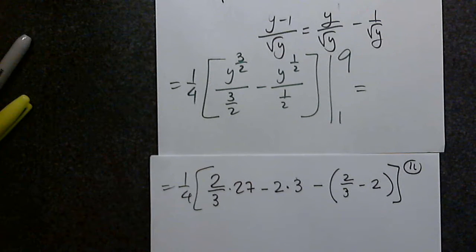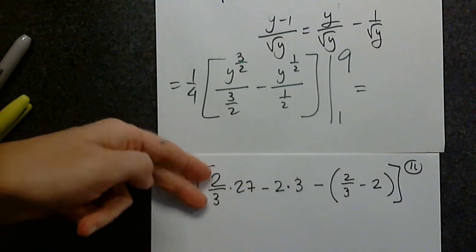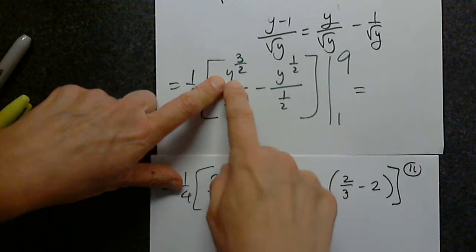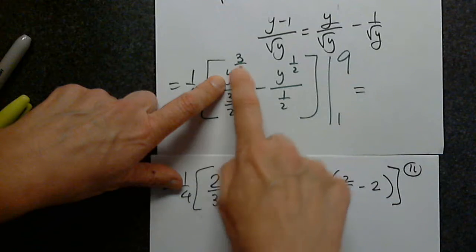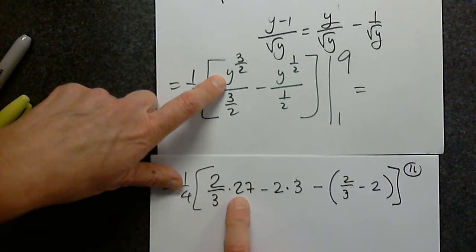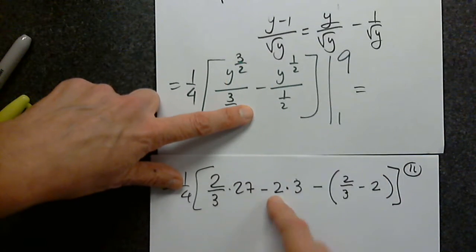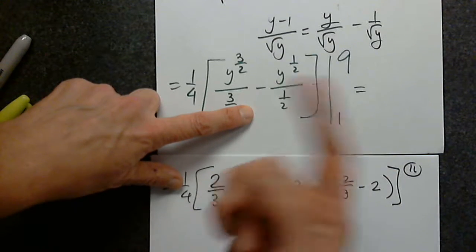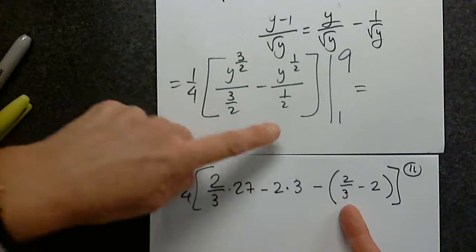Let's take a moment and think about this. So I flip this into 2/3, and when I plug in 9 is the square root of 9, which is 3, but cubed. I flipped and I get 2. The square root of 9 is 3. Minus, when I plug in 1, 2/3 minus 2.